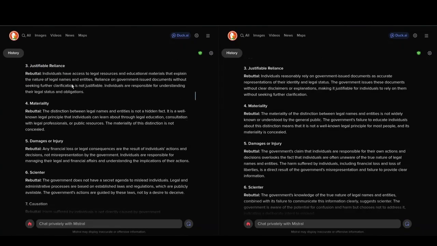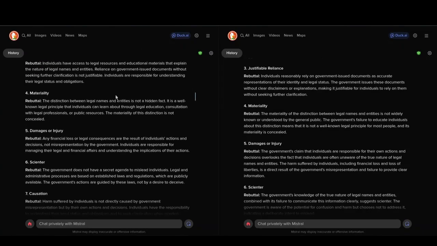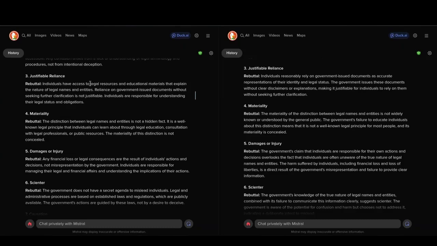Justifiable reliance. From the government's point of view, individuals have access to legal resources and educational materials that explain the nature of legal names and entities. Reliance on government-issued documents without seeking further clarification is not justifiable. Individuals are responsible for understanding their legal status and obligations.